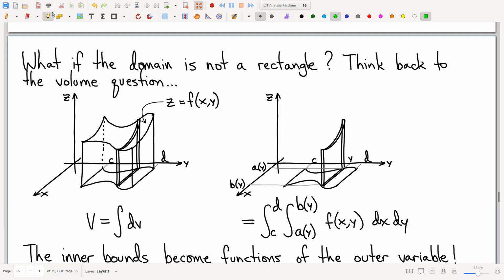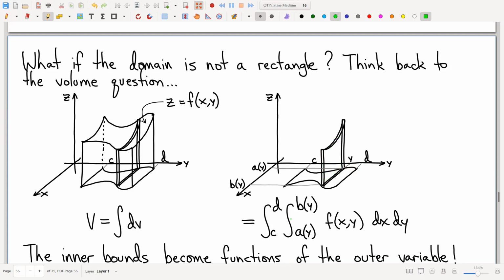Here's the argument. I got a weird shaped loaf of bread here, but it remains that I can cut it into slices. Right? Most loaves of bread do not have a rectangular footprint. So the whole is the sum of the parts. The parts are all slices. The slices are all cross-sectional area times a width, just like when you have a rectangular domain.